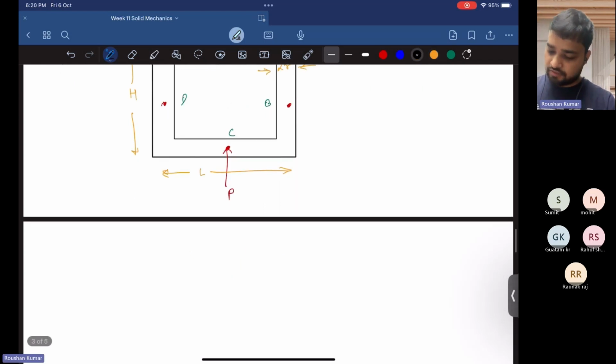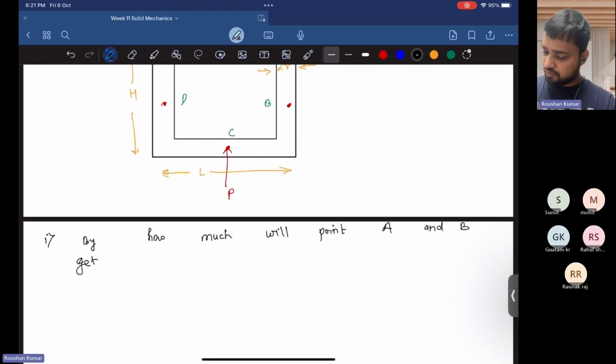The first part of this question is, by how much will points A and B get closer to each other?